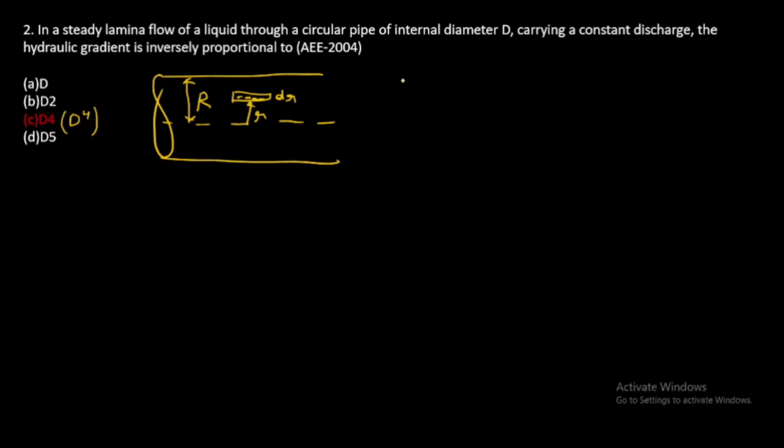In the derivation, we will derive average velocity is equal to minus 1 by 8 nu dou p by dou x into r square. Change in pressure is equal to 8 nu average velocity into L by r square.